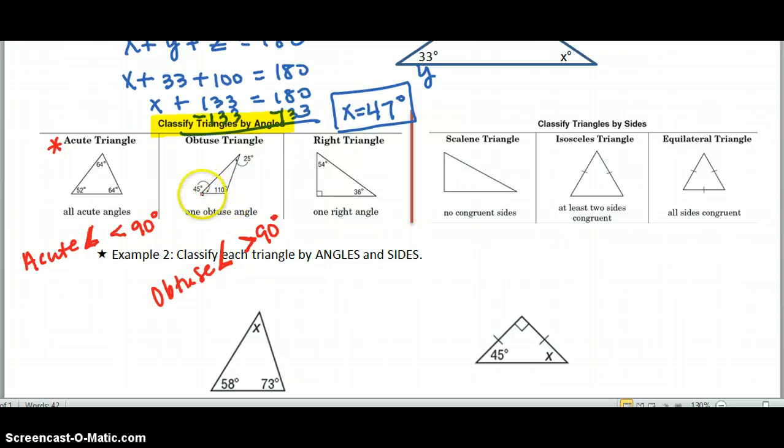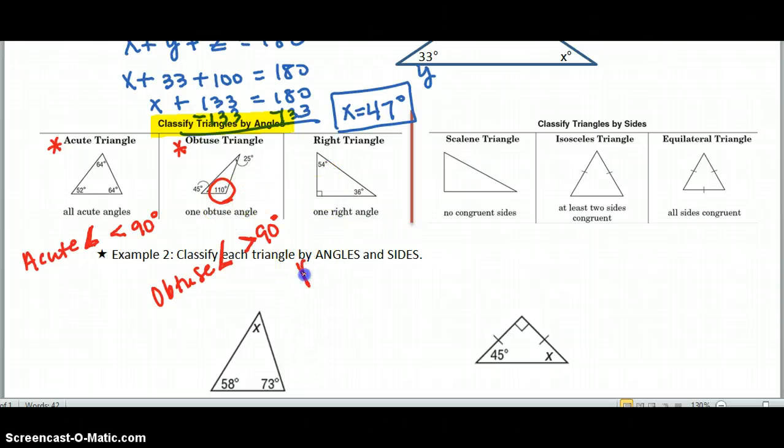If I have two angles that are more than 90, then I've already used up my 180 degrees. I don't have anything left for my third angle. So to be an obtuse triangle, you have exactly one obtuse angle. Notice we had three acute angles, but here we have one obtuse angle.